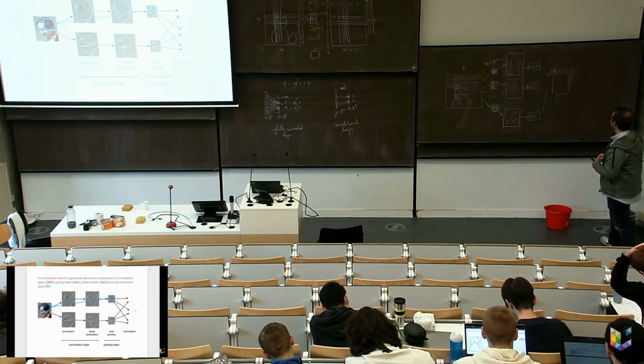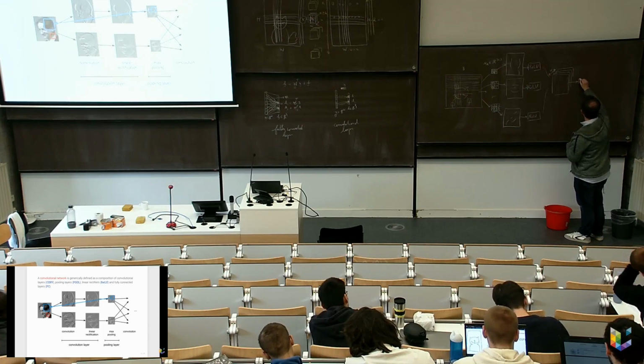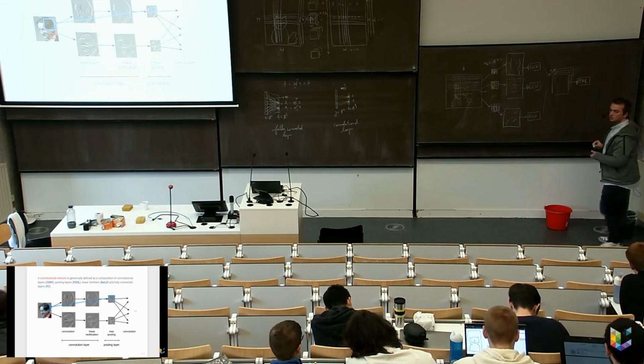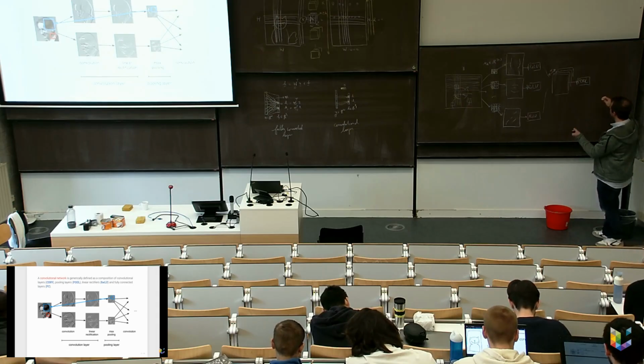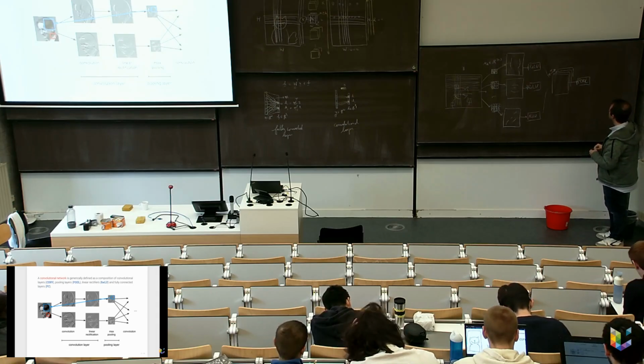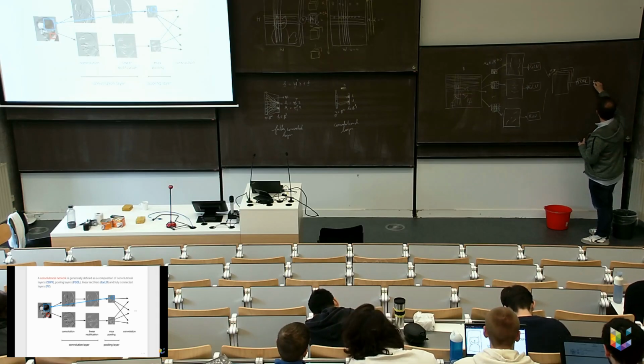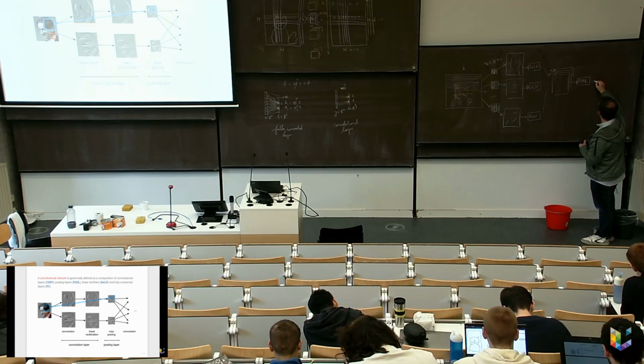Now, we could follow that with a pooling operation. The effect of this pooling operation, for example if you use a 2x2 max pooling, would be to reduce this tensor by a factor of 2.